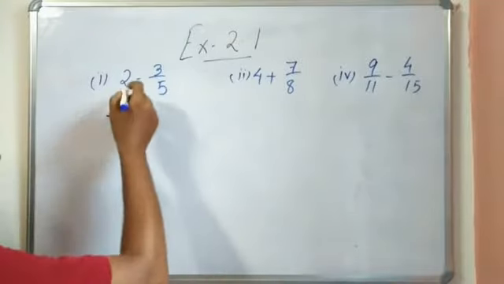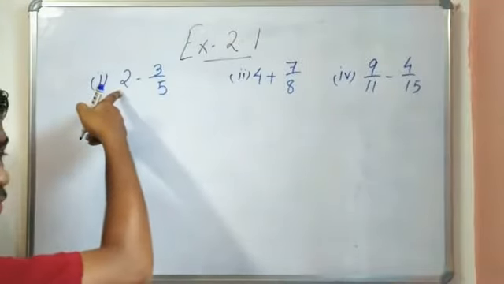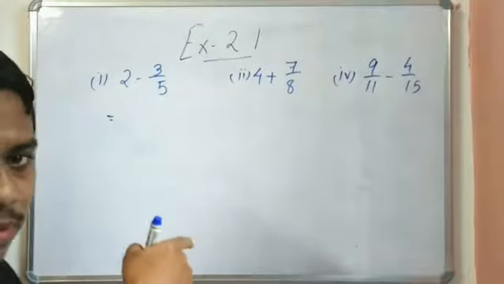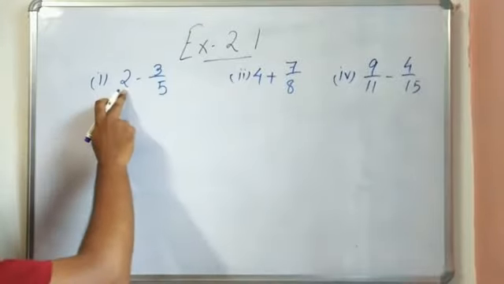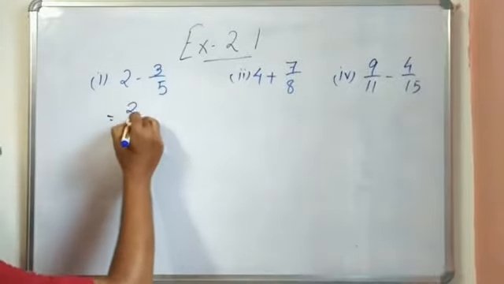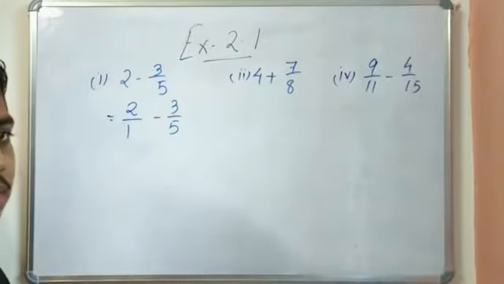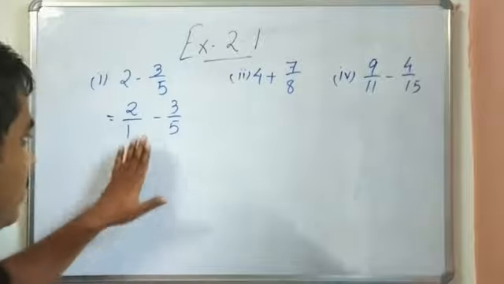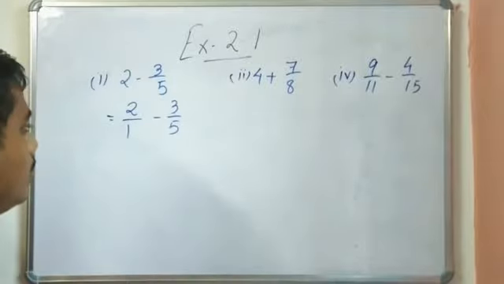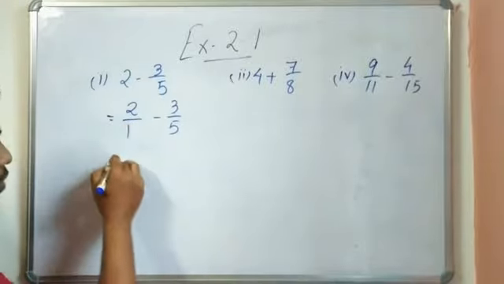First, since nothing is below the 2, I can convert it into a fraction: 2 by 1 minus 3 by 5. Let us solve this one first.